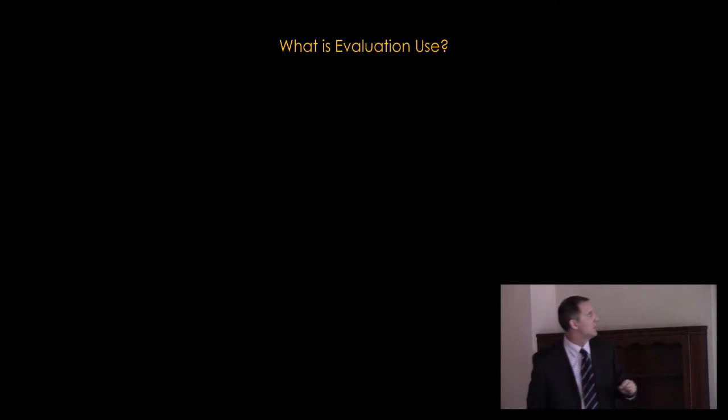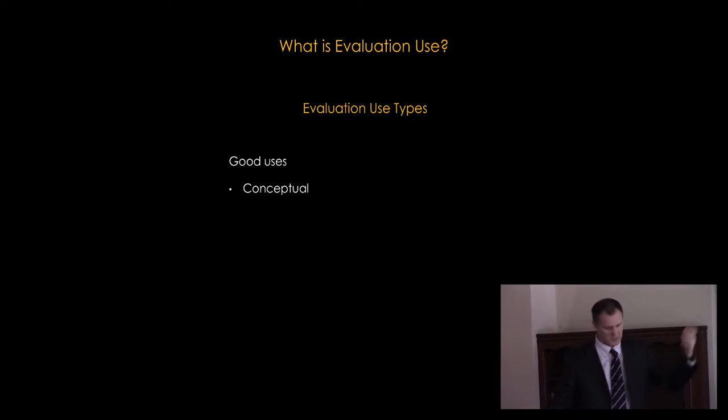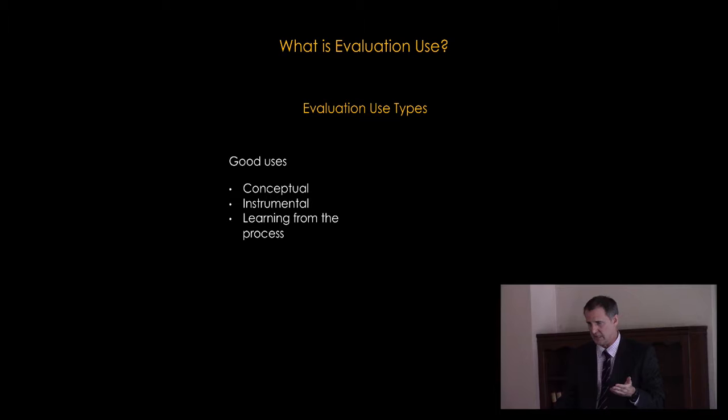So before I start talking about some of the approaches to making evaluation useful, let me just be clear that evaluation research separates evaluation into two types of uses. Good uses, that's a technical term, but we want to know what makes evaluation useful. What do you mean by use, right? So there are such things as conceptual use, increases in understanding, instrumental use, which is the one that might leap to mind, fundamentally doing something on the basis of evaluation findings, and then learning from evaluation processes.